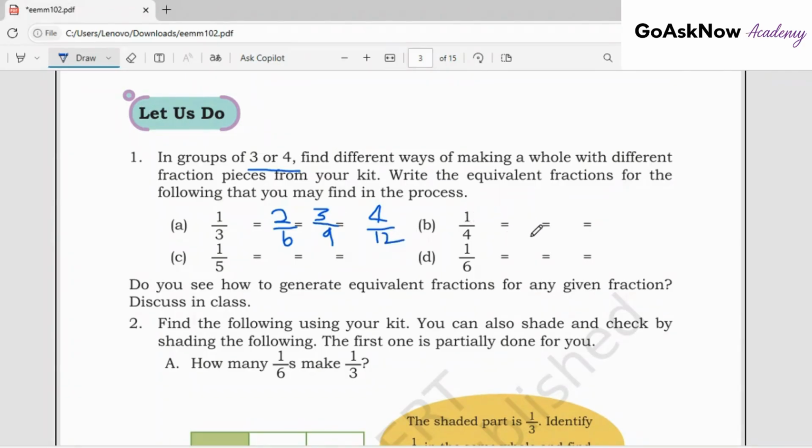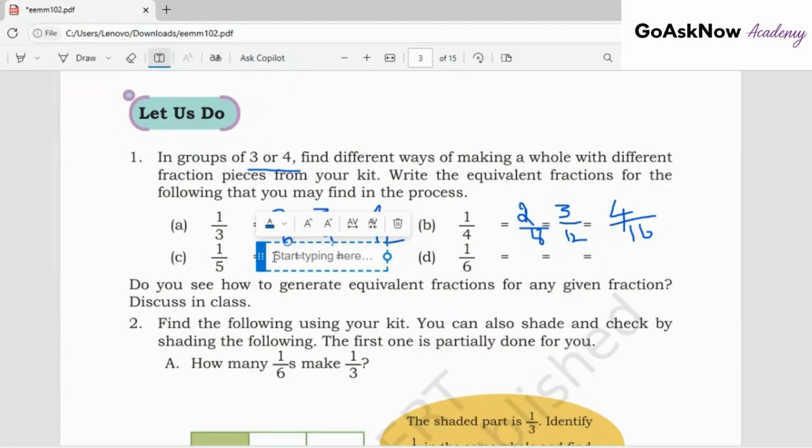Then for 1 by 4, we can write 2 by 8, 3 by 12, 4 by 16.